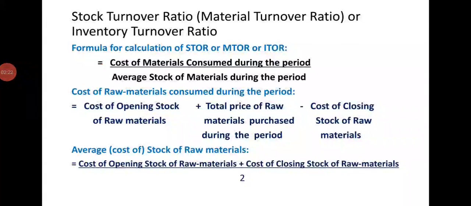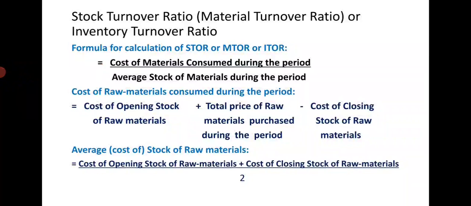To find the stock turnover ratio or material turnover ratio or inventory turnover ratio, the following formula can be used. Cost of material consumed during the period divided by the average stock of material during the period. So cost of raw material consumed during the period can be calculated as follows.